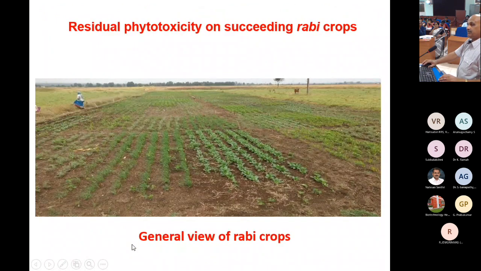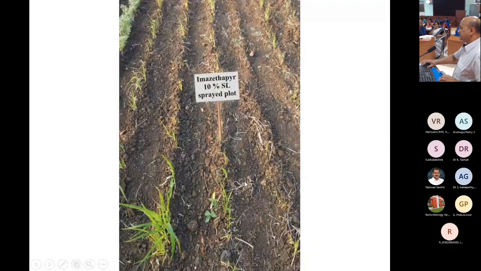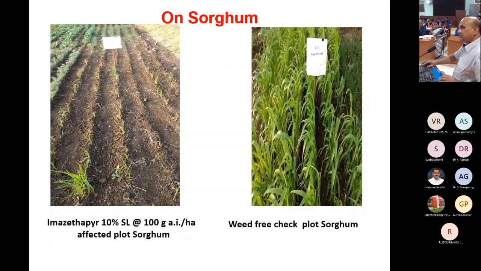And this is the general view of rabi crops. You can see residual toxicity on the succeeding crop. On sorghum it is more intense. Here you see complete damage caused to sorghum emergence. And this is the weed free check, where no herbicide was used.